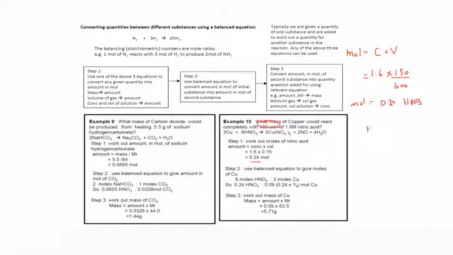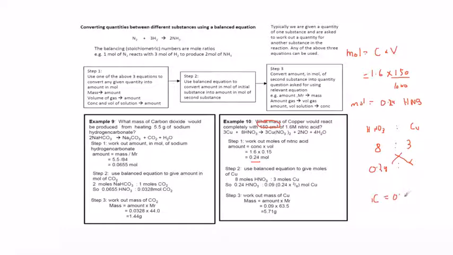What is the simplest ratio of the moles for nitric acid and copper? 8:3. So if it's 0.24, then this will be X. Cross multiply.